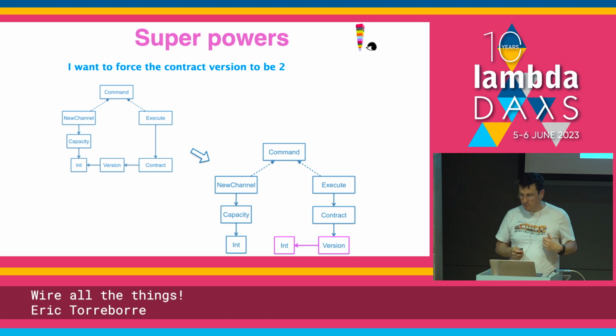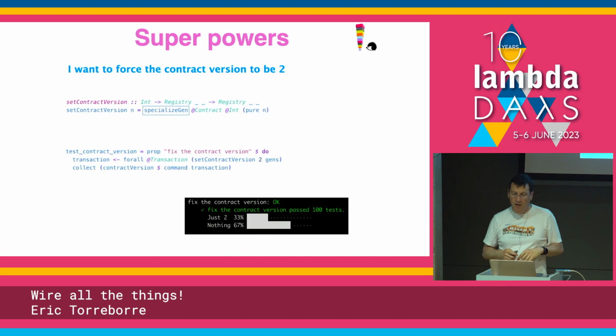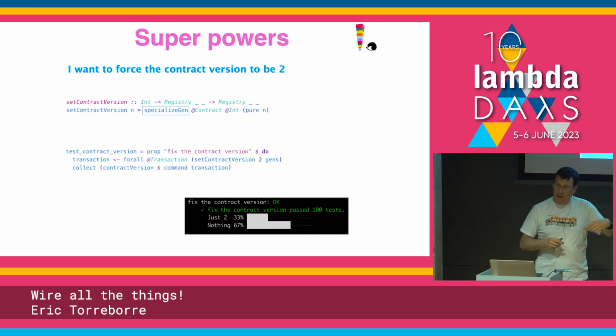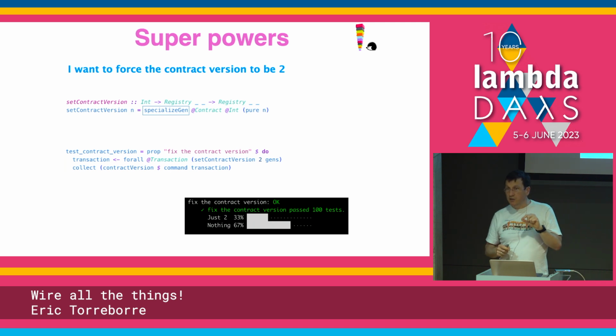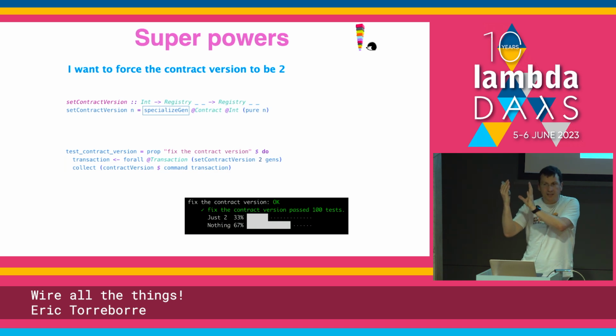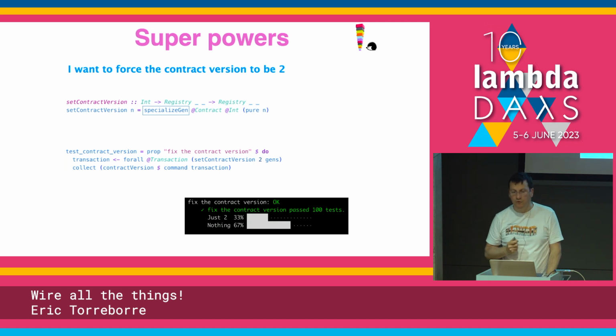So one thing you can also do with the library is specialize one of the paths, where you say, now, when you build my graph of things depending on each other, when you are generating a contract, actually a generator for a contract, now make sure that the generator for ints is set to 2 all the time. So it's like you make a contextual change in your whole graph. And I think that's pretty powerful.